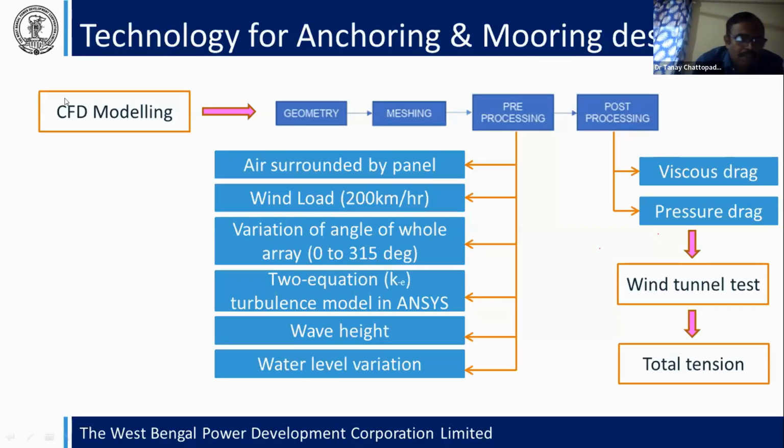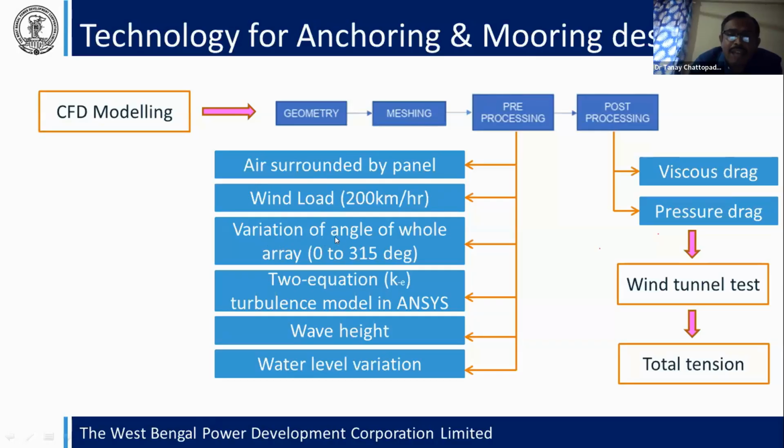We did CFD modeling, first making the geometry and meshing the total mounting structure. Then we consider the constraints for the CFD modeling, that is, the array surrounded by the panel. We consider the wind load of 200 kilometer per hour. If wind happens, it cannot be destroyed.